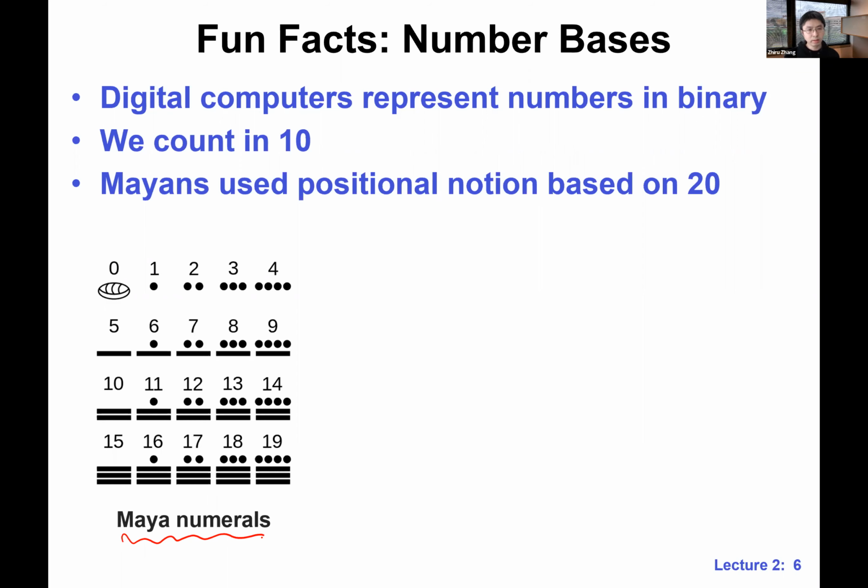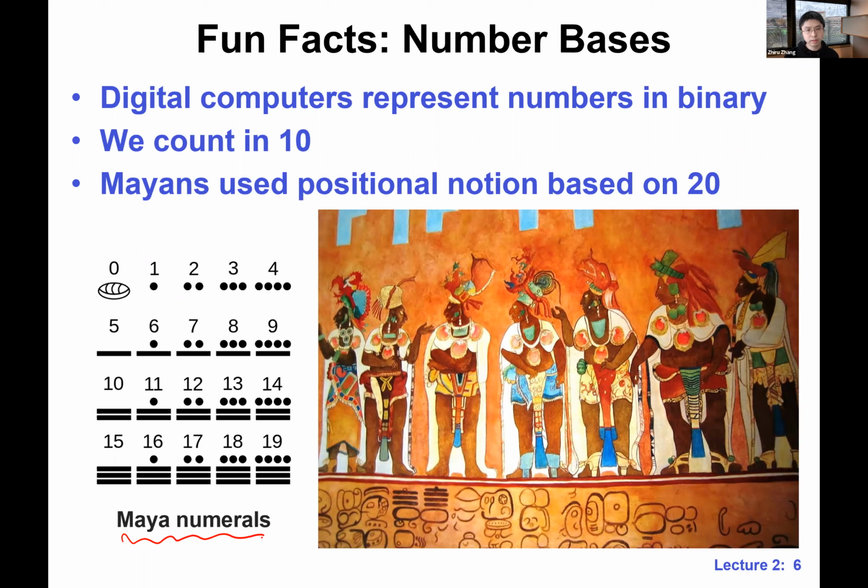So why is that? The answer is actually in the picture. Anyone can spot the reason? Why do they count in 20? Feel free to directly chime in. 20 fingers.